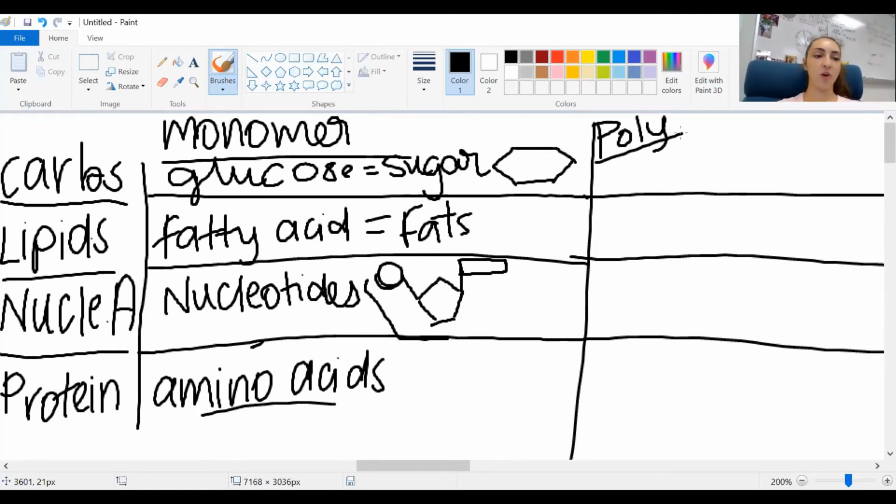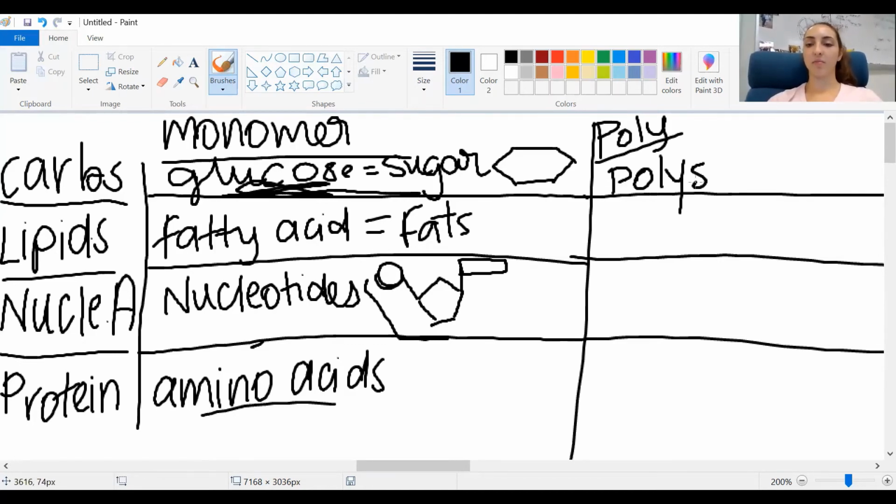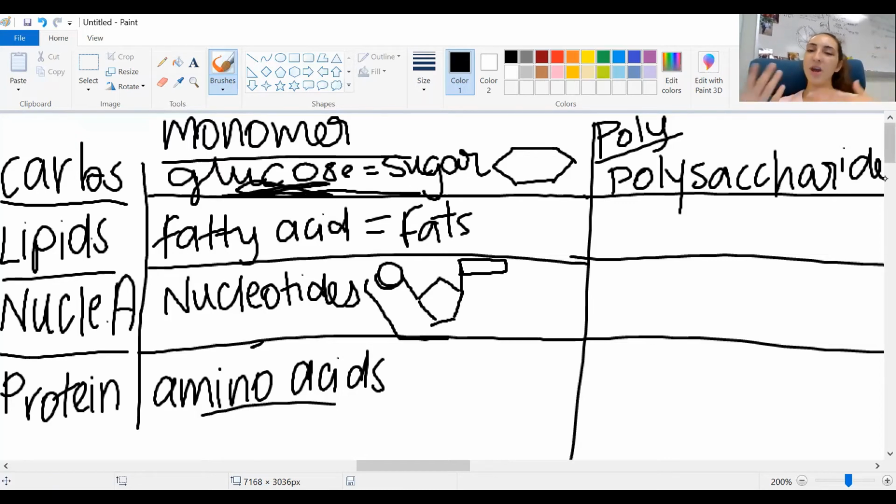So if we're looking at carbs, I'm so sorry, I'm just going back and forth between this screen. It's because I'm swiping out. If we put a bunch of sugars together, we're going to get what is called a polysaccharide. If you get a word that says monosaccharide, just make sure you understand that mono means one.